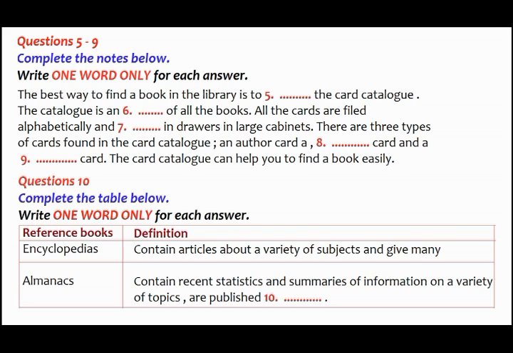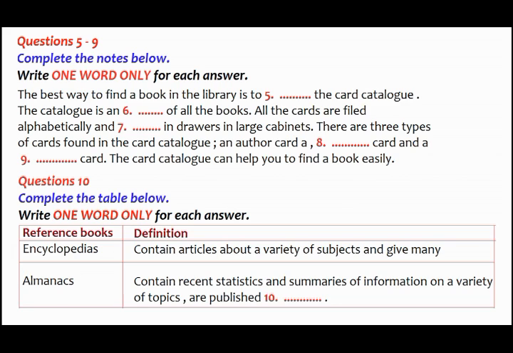The subject card is filed alphabetically under the name of the subject of the book. In many university libraries, they use their own cataloguing system or the microfiche system. Both of them list publications under author and title, and both are very easy to use.